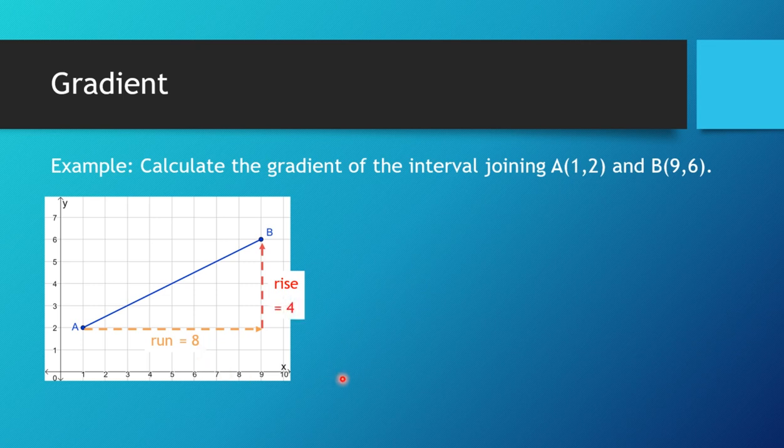Now, we know our gradient is the rise divided by the run. So that's going to be the rise over run, 4 over 8, which gives us a half. So our gradient is a half.